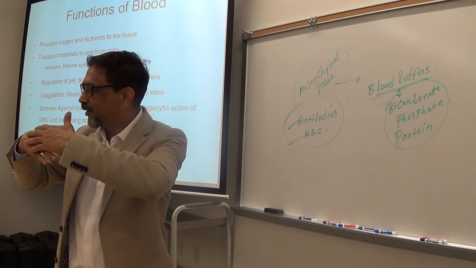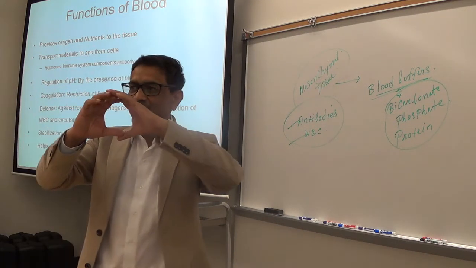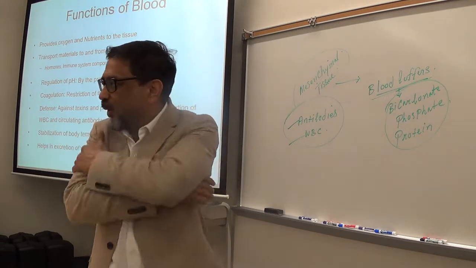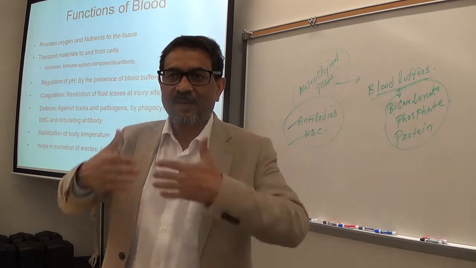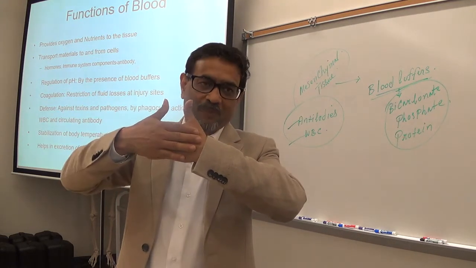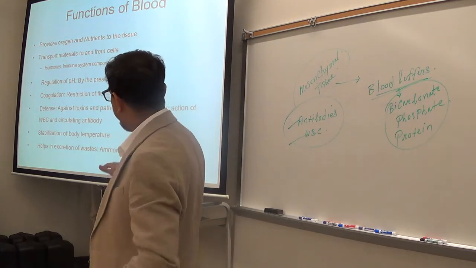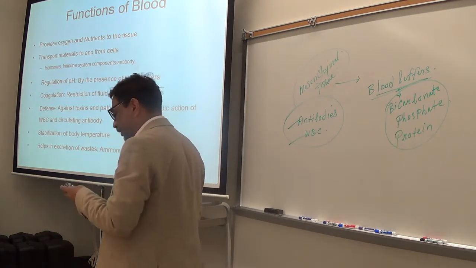More. Make sense? So more blood will circulate in the body surface, right? And from the blood, heat will easily get out through the skin. Make sense? So that's how your blood helps to stabilize the body temperature.